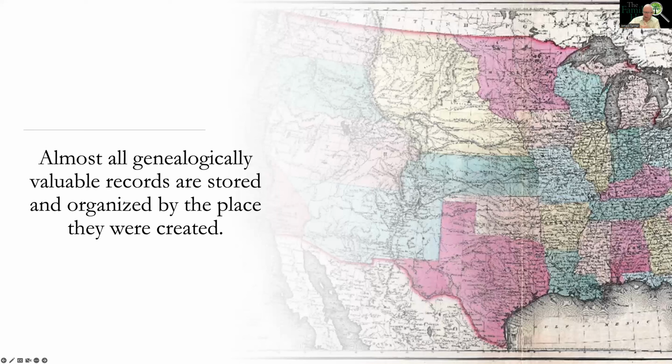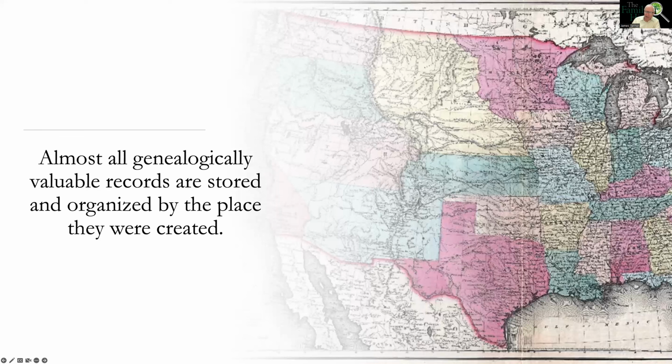They can move clear across the country, they can go halfway around the world, but they are still attached in their origin to the place where they were created. So finding the records involves identifying the physical location where an event in your ancestor's life occurred. If you can identify that physical location where something happened, you have a starting point for finding the genealogical records about that individual.